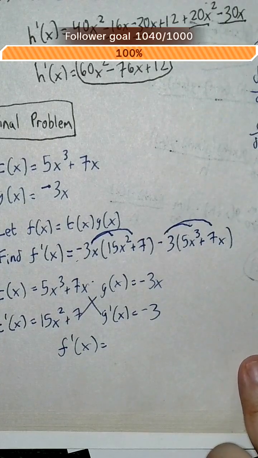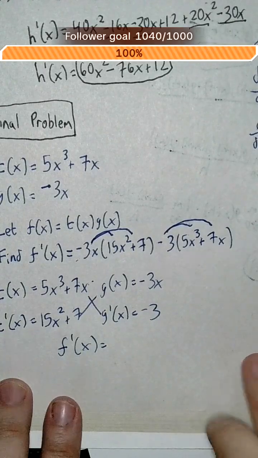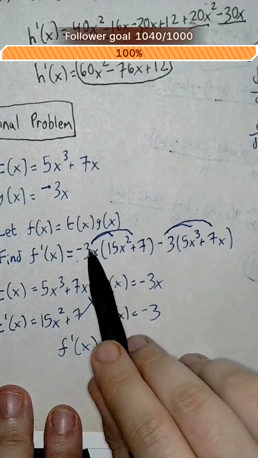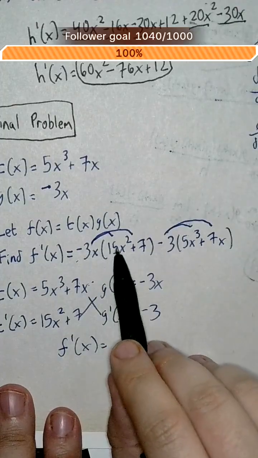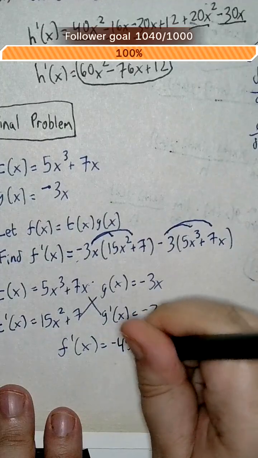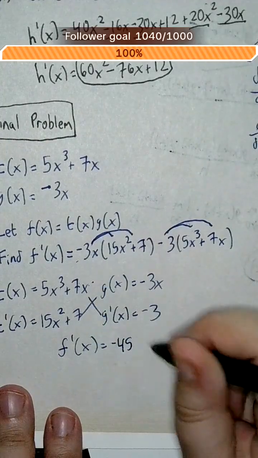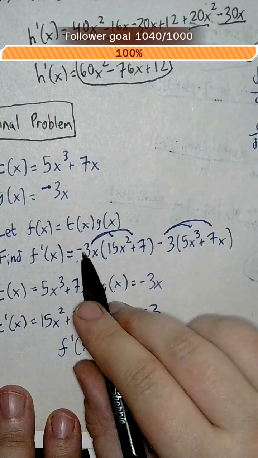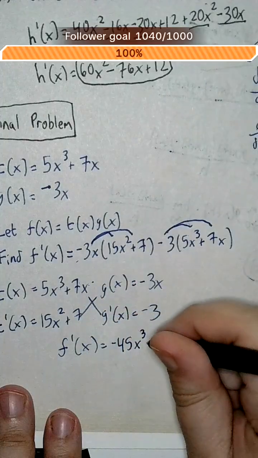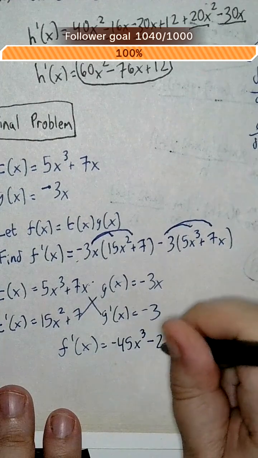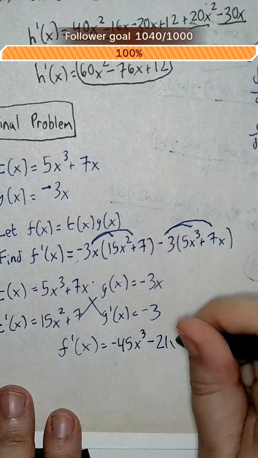So yeah, let's find out. Here, I have negative 3x times 15x squared. Negative 3 times 15 is negative 45, and x times x squared is x cubed. And then negative 3x times 7 is negative 21x.